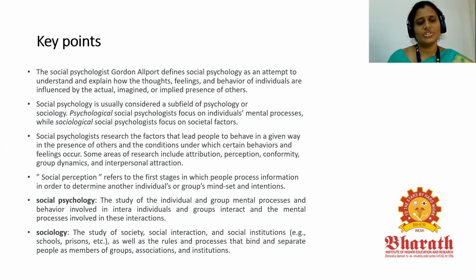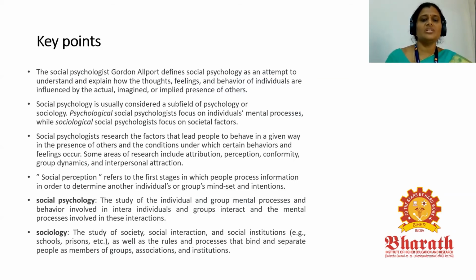Social psychologists focus on individuals' mental processes, while sociological social psychologists focus on societal factors. They focus on society, and psychological social psychologists focus on individuals' mental processes. Social psychologists research the factors that lead people to behave in a given way in the presence of others and the conditions under which certain behaviors and feelings occur.